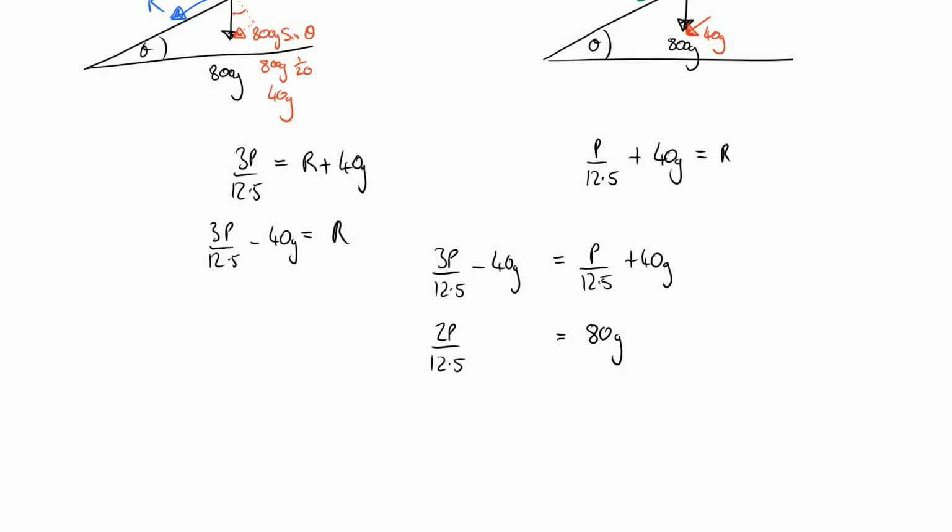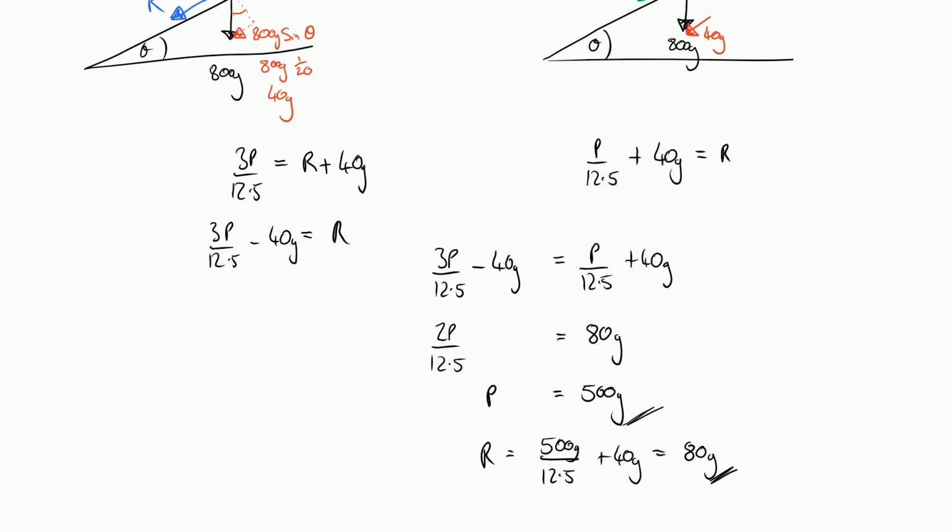Now if I multiply through by the 12.5 and divide through by 2, I end up with p is equal to 500g. Now all I need to do is to substitute that back into either of my equations to find out the value of R, and seeing as the downhill equation was already set up in terms of R, I'm going to have R is equal to this p value, 500g, over 12.5 plus 40g, which turns out to be 40g plus 40g, which is 80g.